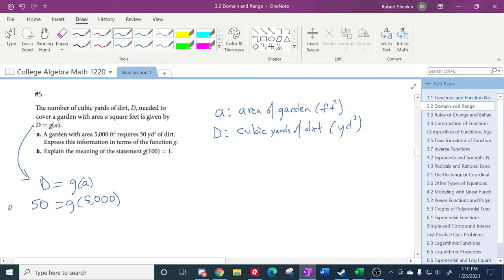So this is the answer for A, and then explain the meaning of the statement G of 100 equals 1.